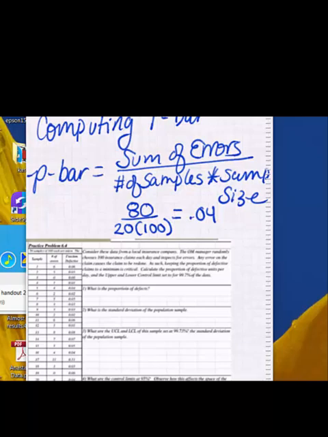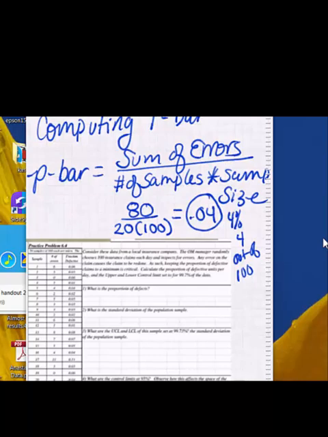So you can see here that I computed P bar, and that in this case is 80 divided by 20 times 100, which is 0.04, or about 4% error, which translates to 4 errors out of 100 inspected.